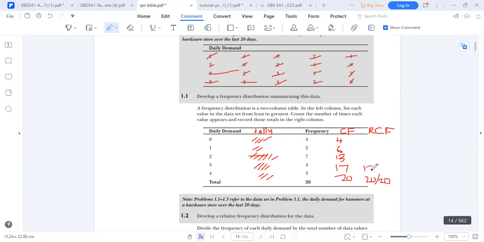And this is 17 out of 20, then 13 out of 20, and 6 out of 20, then 4 out of 20. That is how we found the relative cumulative frequency. Are we together before I move? Yes, we are.